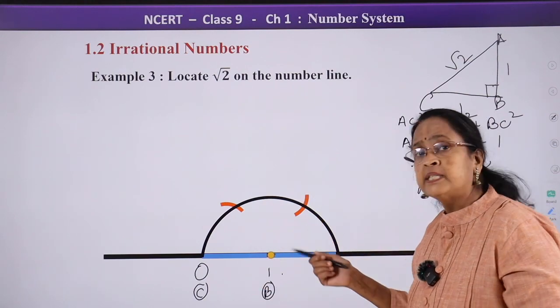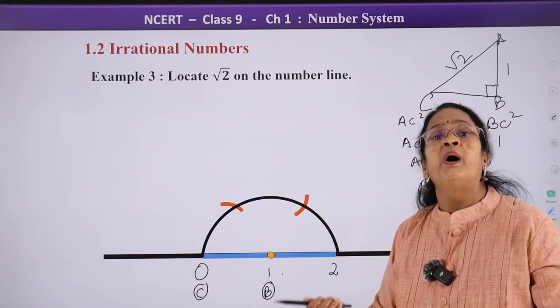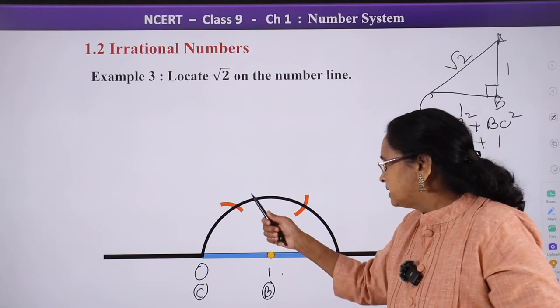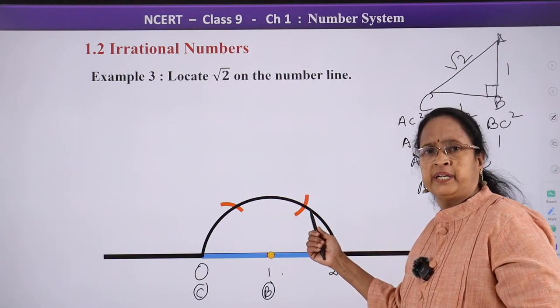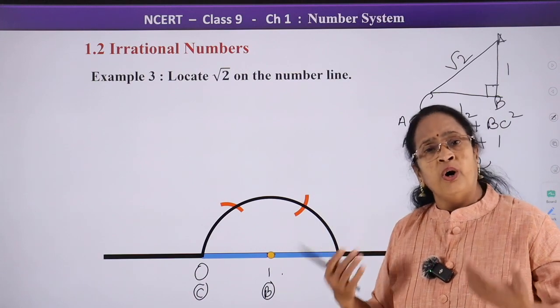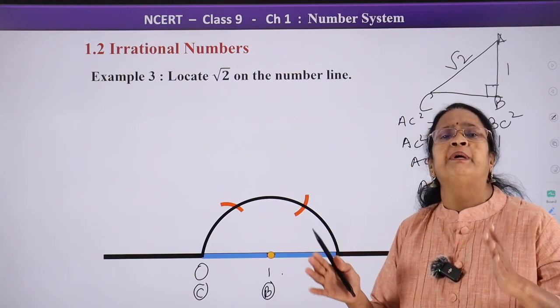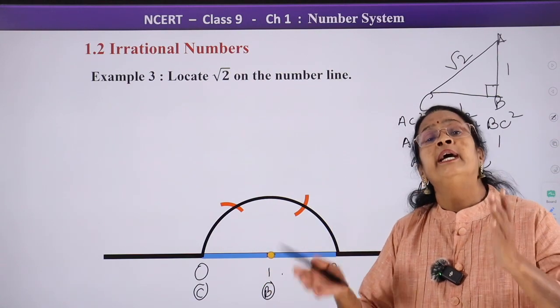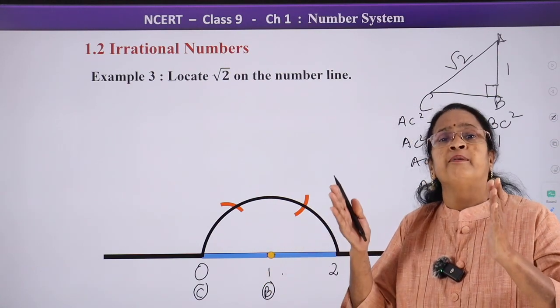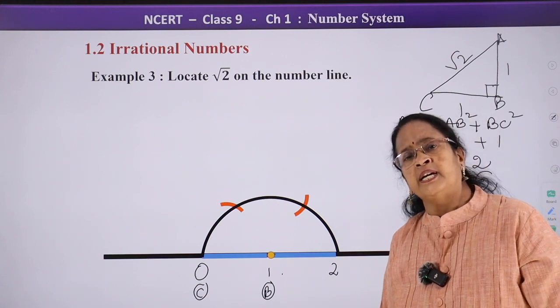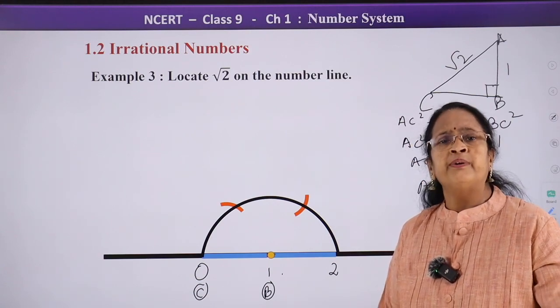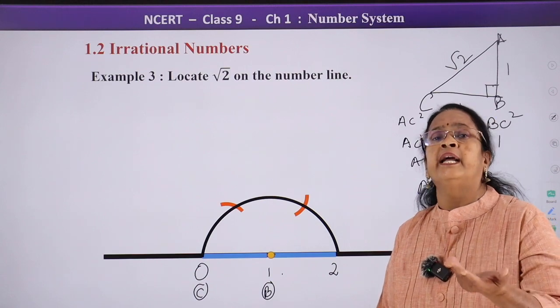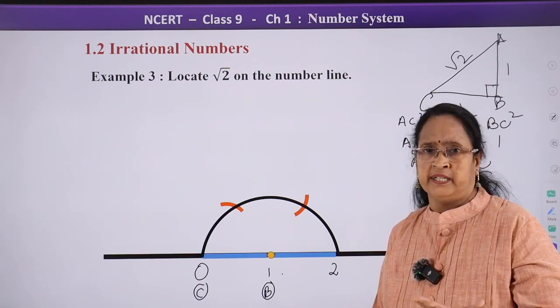Now, 60 plus 60 is what? Yes, 120. This is 60, this is 120. Now, we all know 90 lies exactly at the midpoint of 60 and 120. 120 plus 60 is 180, and 180 by 2 is 90.